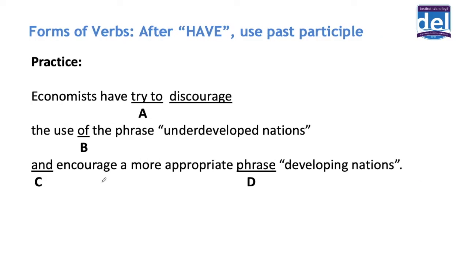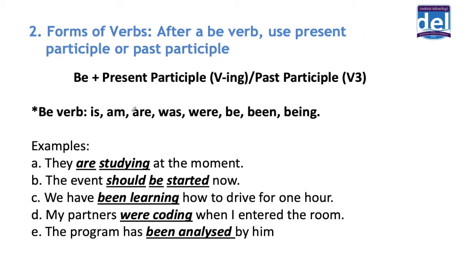Let's check this practice. We must determine the part which is wrong. The answer is A, because we have here, but the verb is in bare form or verb 1. It should be in verb 3. Have tried.